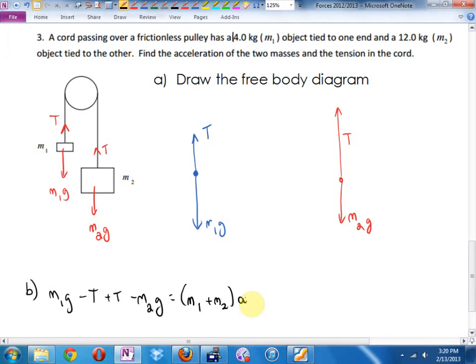Every year, for some reason, I have a couple of kids that write M1 plus M2, and then they multiply them together. Instead of this working out to 14 plus 12, 26, they put the number 14 times 12, whatever. No. Plus means add. Mass of both means add. So don't do that one.